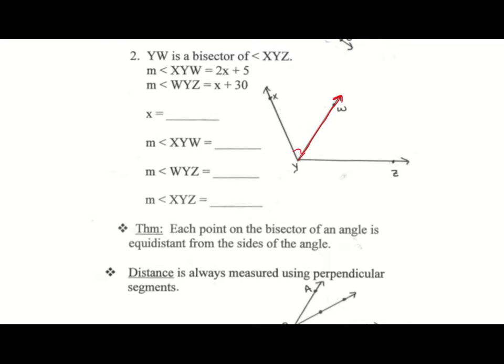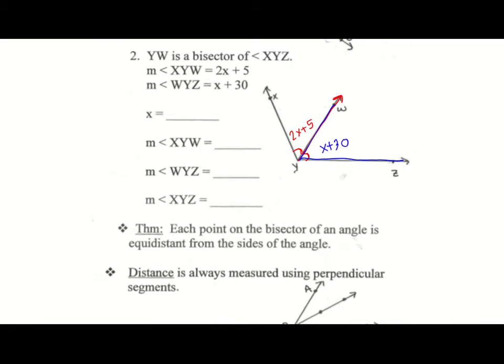This piece is going to be the same as this piece. Then the measure of XYZ is 2x plus 5, so I'm going to write that in there. And then WYZ, right here, is equal to x plus 30.